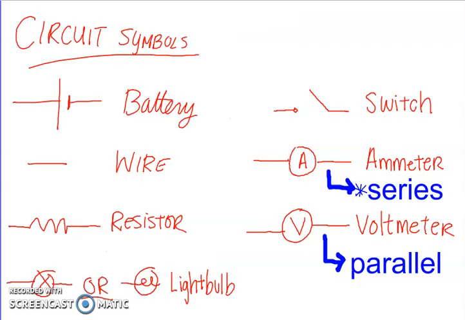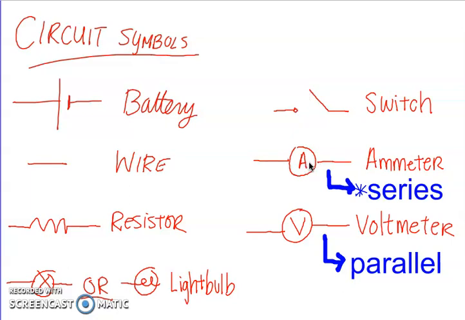Circuit symbols we will be using include wires. A wire with negligible resistance will just be a straight line. A resistor has zigzagging lines to show that it is difficult to travel through. You have a light bulb symbol. You can either do an X with a circle around it or two little loops for the filaments, the wire inside the light bulb. You can draw a switch as shown, and this switch happens to be open.